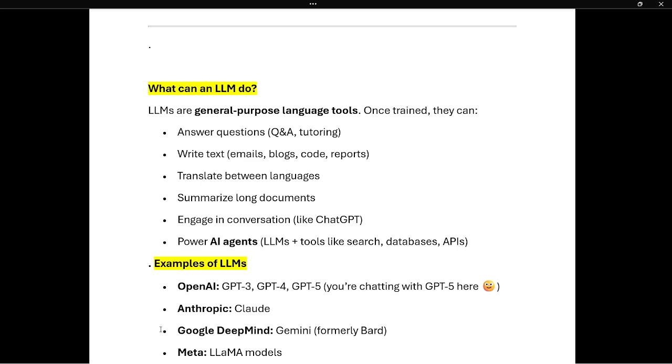It will generate artifacts, conversation, and code. If we have an AI agent, it will interact with the LLM plus tools plus APIs also.